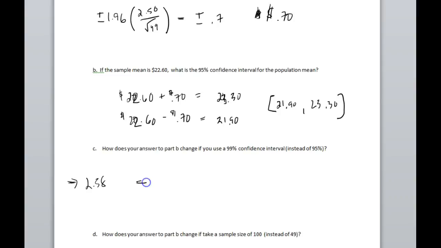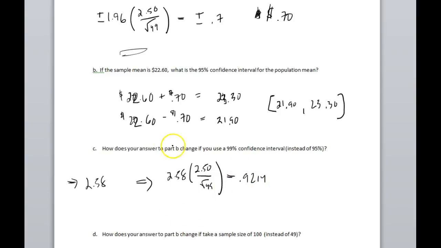So that's going to imply that we use that 2.58 in this formula, right? So we're going to have 2.58 times 2.5 divided by the square root of 49, and this whole thing is going to equal 0.9214.